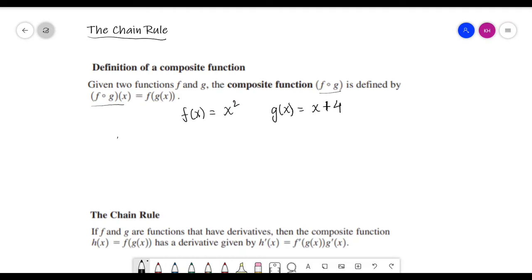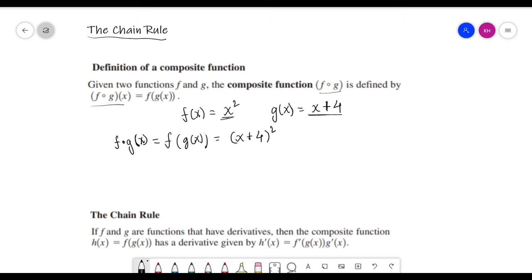So if I have to write the composite function f dot g of x, I have to plug the g of x function into the f of x function. This is basically the same thing as f of g of x. So that is going to be (x plus 4) whole squared.